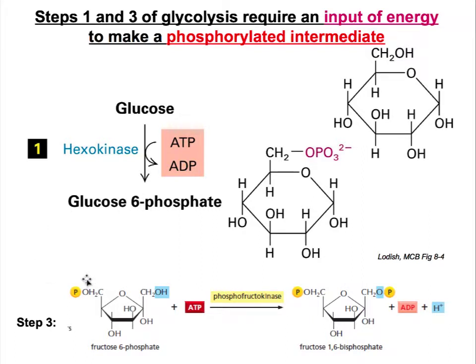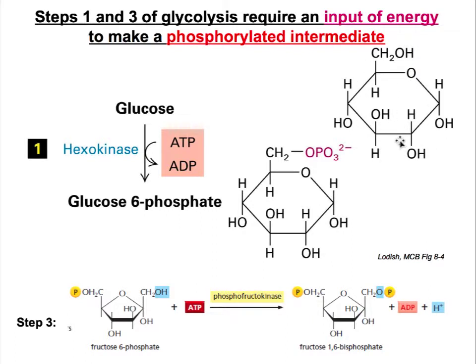But more importantly, students should relate to the logical manipulations of the molecules that are taking place. So here's glucose, and glucose, like we said earlier, is a 6-carbon molecule. Sometimes the 6 carbons can be depicted as a circle, other times as a linear molecule.